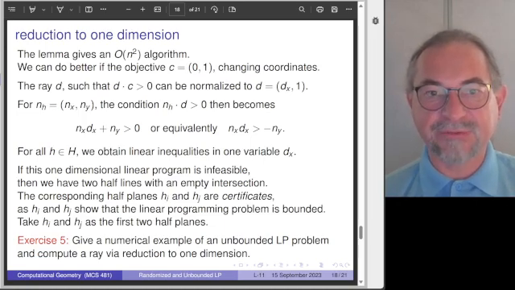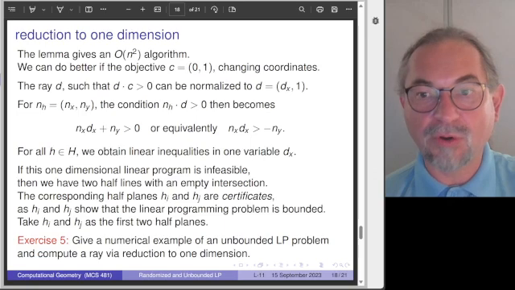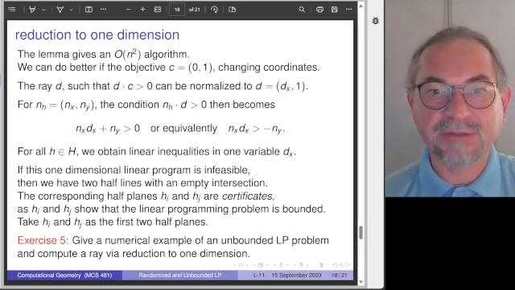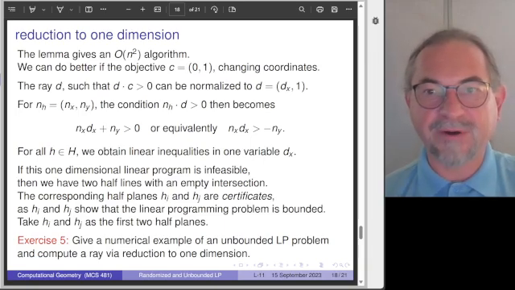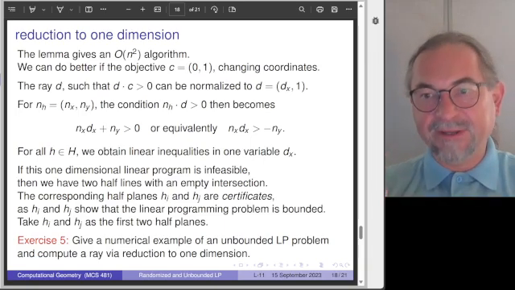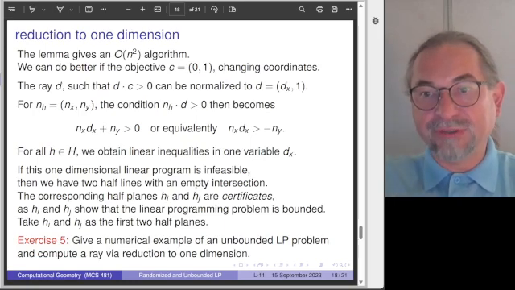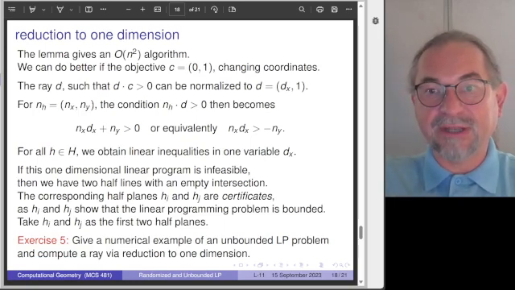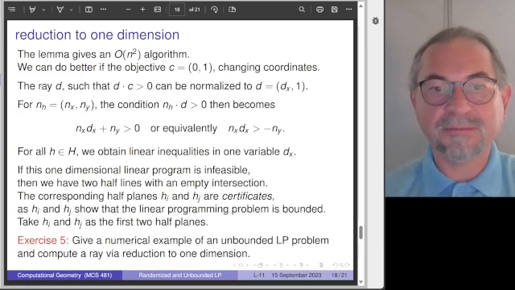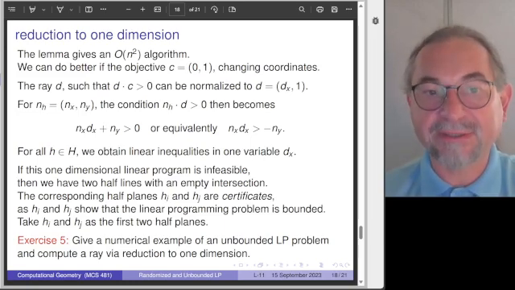The candidates for the ray would be all the facet normals, or all the edge normals. Each time we would need to verify whether every edge normal makes a positive inner product with any other edge normal. So we can do better.